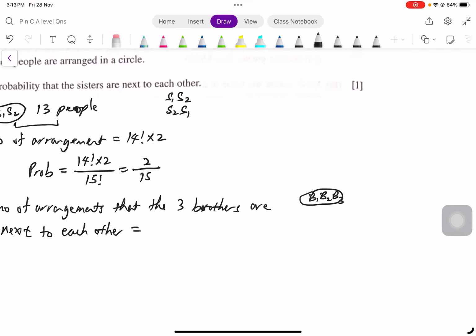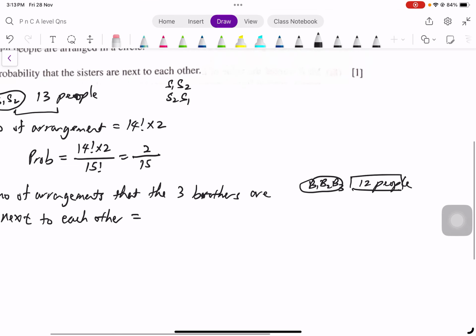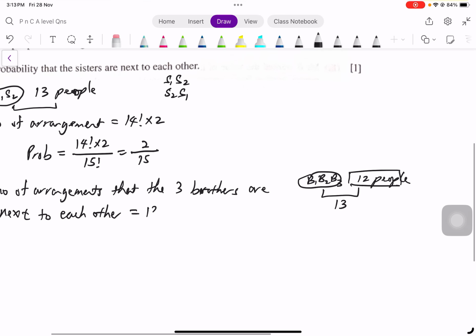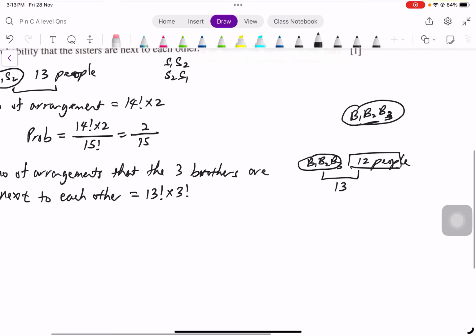They are all together, and then the remaining 12 people. This is treated as 13 objects. Therefore, the number of arrangements of these 13 objects is 13 factorial. But B1, B2, B3 can be arranged among themselves in another 3 factorial ways.